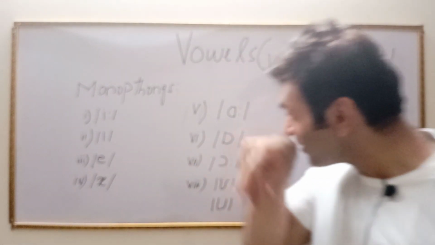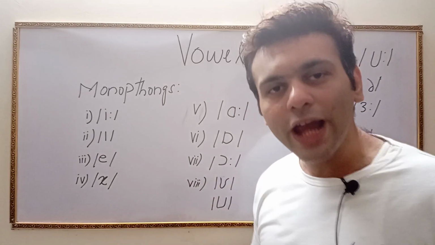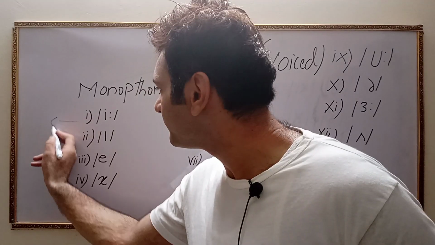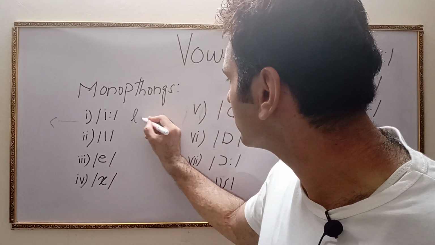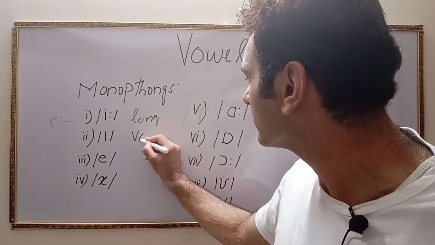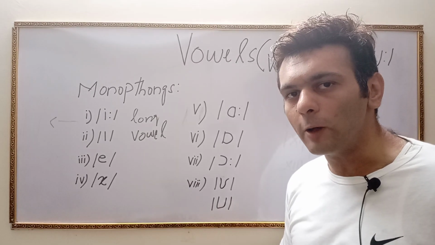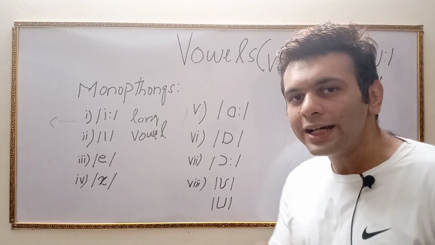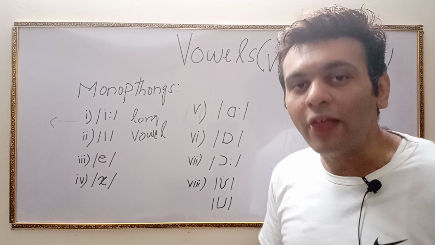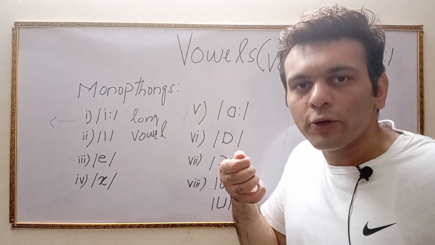So let's start. The very first vowel that we have is a long vowel. Now, why do we call it a long vowel? Because these vowels take stress and they are slightly prolonged.